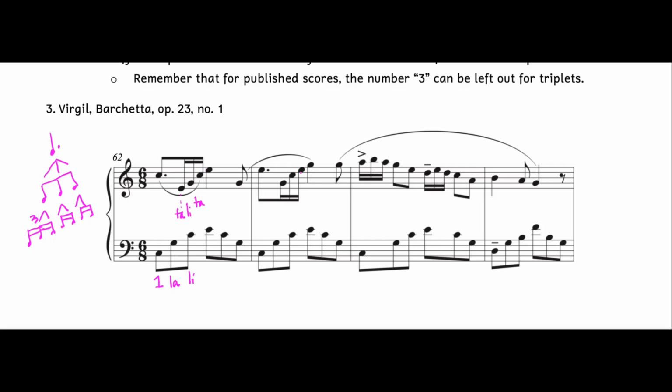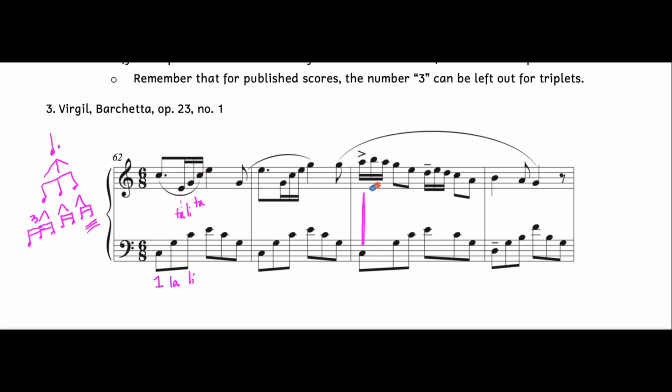Now what's going on in the next measure? We have 3 16th notes here as well, but notice they're not beamed to these eighth notes. And notice how these 3 16th notes fall within 1 eighth note. So remember, an eighth note is usually divided into 2 16ths, but here it's divided into 3 16ths.